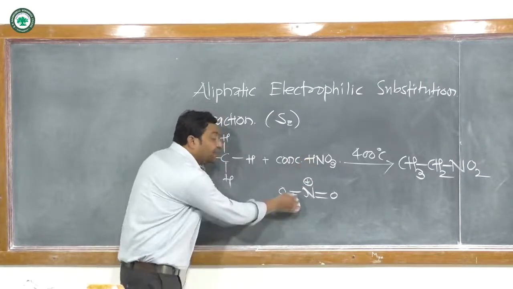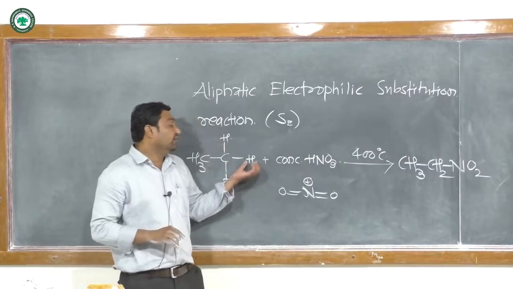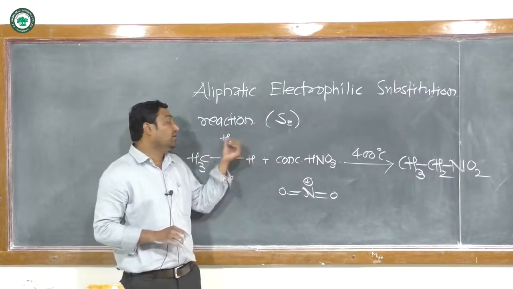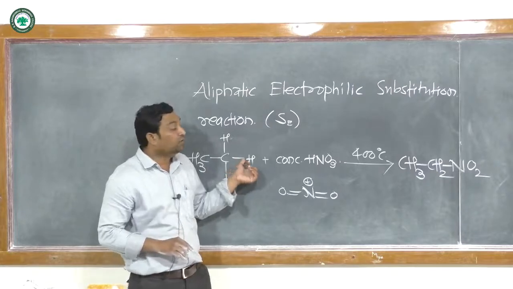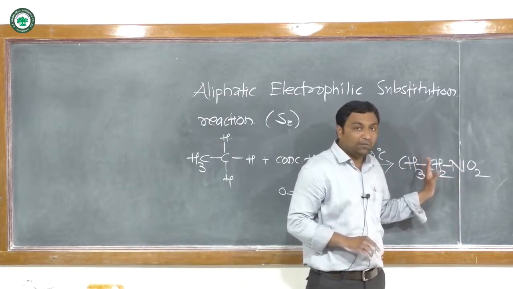Now this electrophilic species replaces one of the hydrogen atoms from this ethane molecule to form what? Nitroethane as a product.